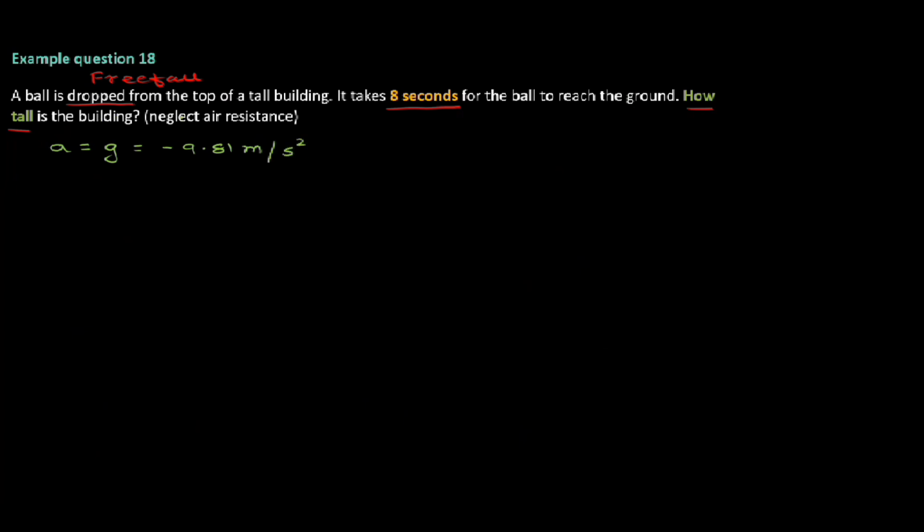Since the ball is dropped from the top of a building, the initial velocity of the ball will be 0 because the moment right before it was dropped, it was at rest. The time it took for the ball to drop was 8 seconds, so my time t is 8 seconds. We need to find how tall the building is, or the height through which the ball was falling. So we need to find y minus y0.